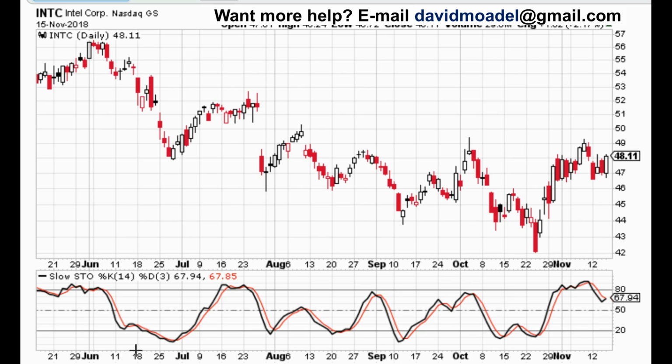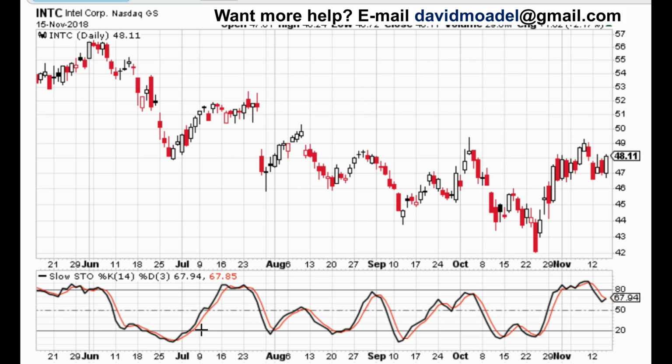In other words, when the K is below and then clearly breaks above the D line, that could be a buy signal, a bullish signal. And when the K crosses back below the D line, that could be a time to sell, because now the trend is turning bearish according to the crossover theory for the stochastic lines, the K and the D.